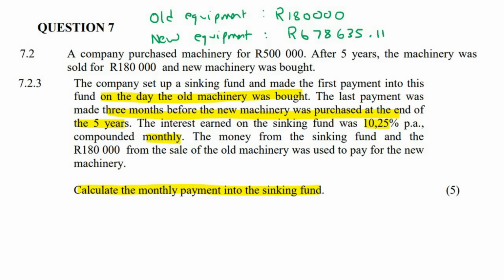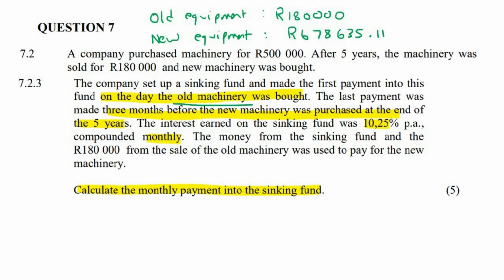And think about this. Do we want the money now? Like, when does the company open up the investment? They said that the company sets up a sinking fund and they make the first payment on the day that the old machinery was bought, when they purchased that old machinery for 500,000. So that's when they opened the investment.